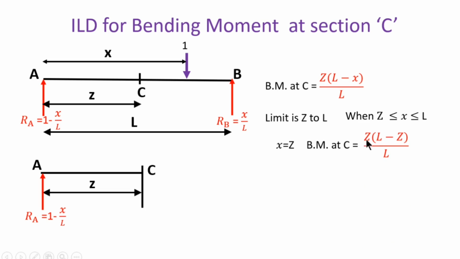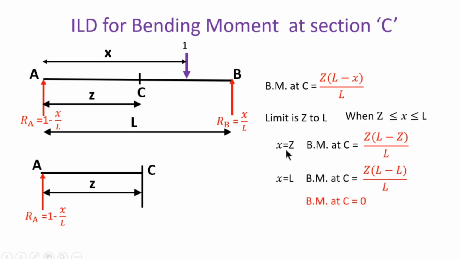So that becomes Z in bracket (L minus Z) by L. Then x is equal to L, put the limit here, x is equal to L in this equation. So here bending moment is equal to Z in bracket (L minus L) divided by L. So L minus L is 0. So bending moment is equal to 0.